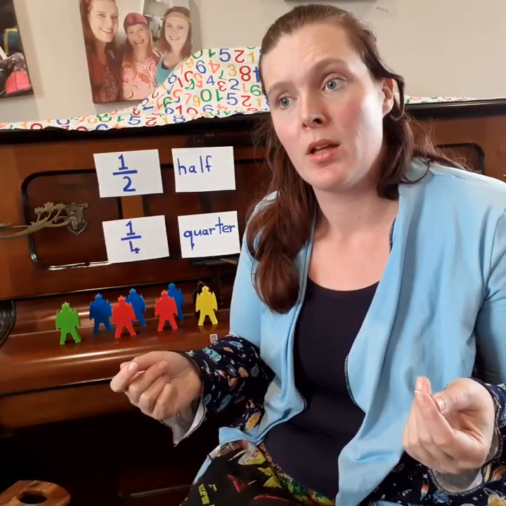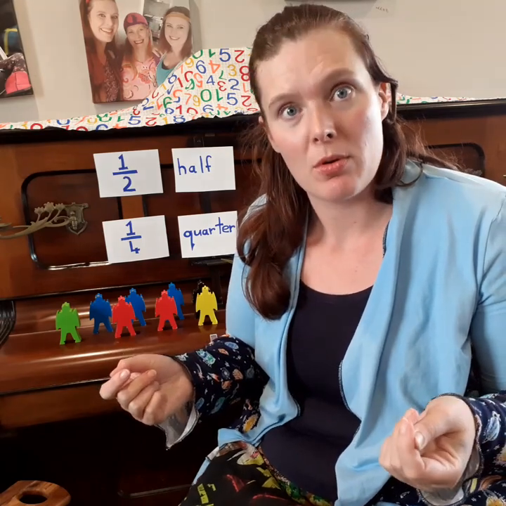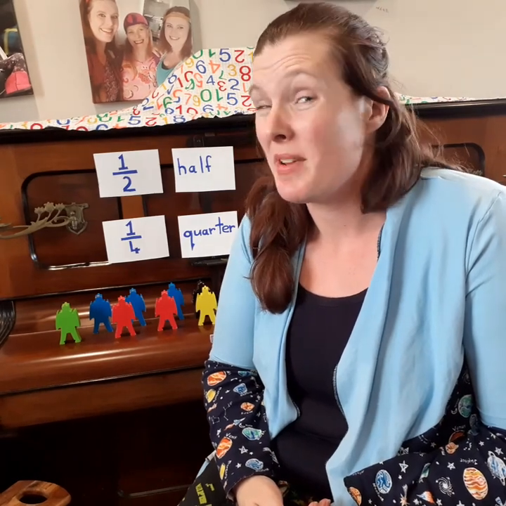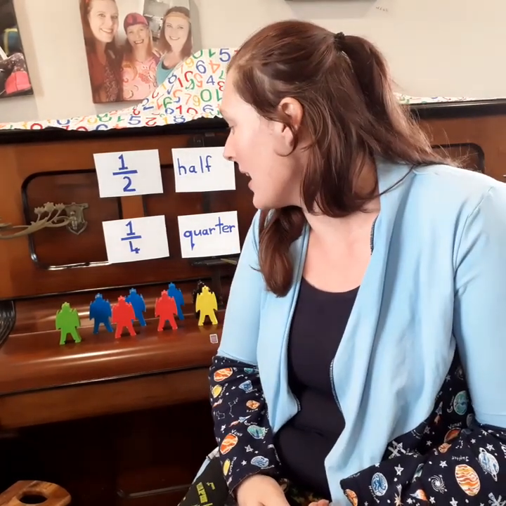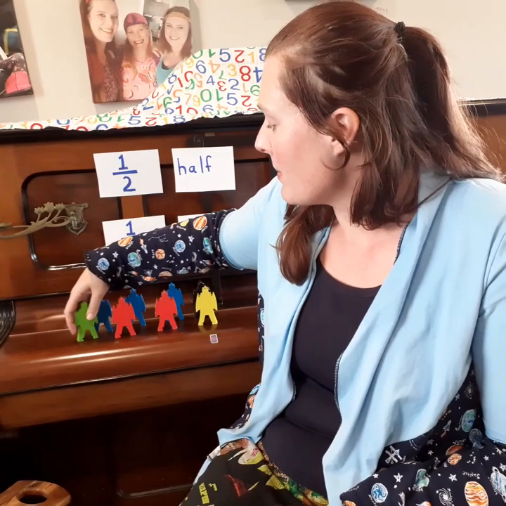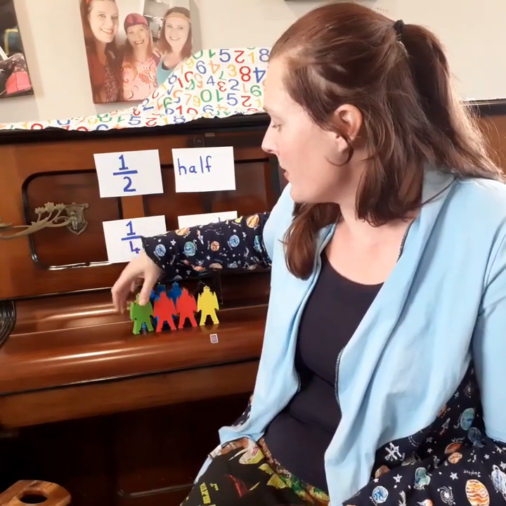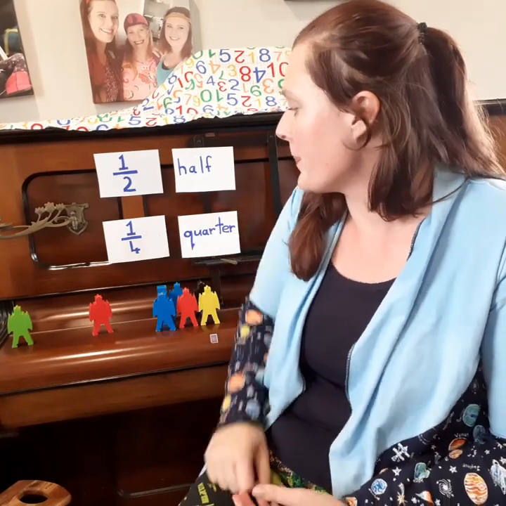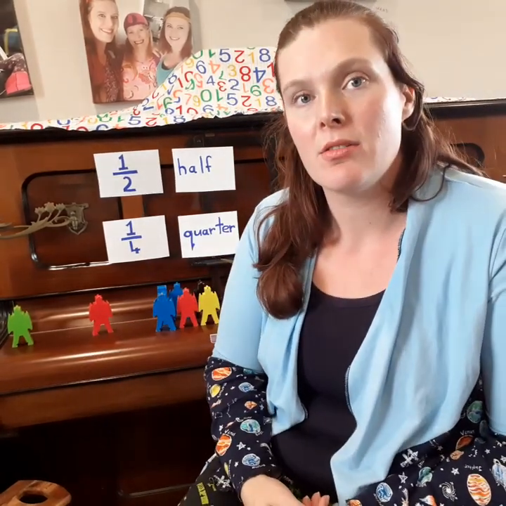Okay? So if I know my times tables, I might be able to do that really easily. But at the moment I don't. So I am going to start putting them into 2 equal groups. I'm going to put 1 group here and 1 group here. Okay, so I've got my 2 groups now.